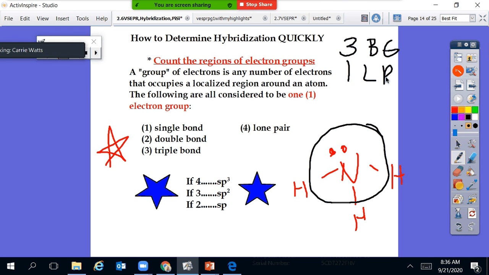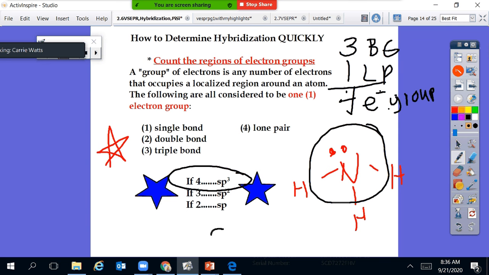For this, you're looking at 3 bond groups, 1 lone pair, that's 4 total electron groups, right? Which would be sp3. You can think of it as S counts as 1, P counts as 3, 1 plus 3 is 4. If it's something like 2, it would just be sp.